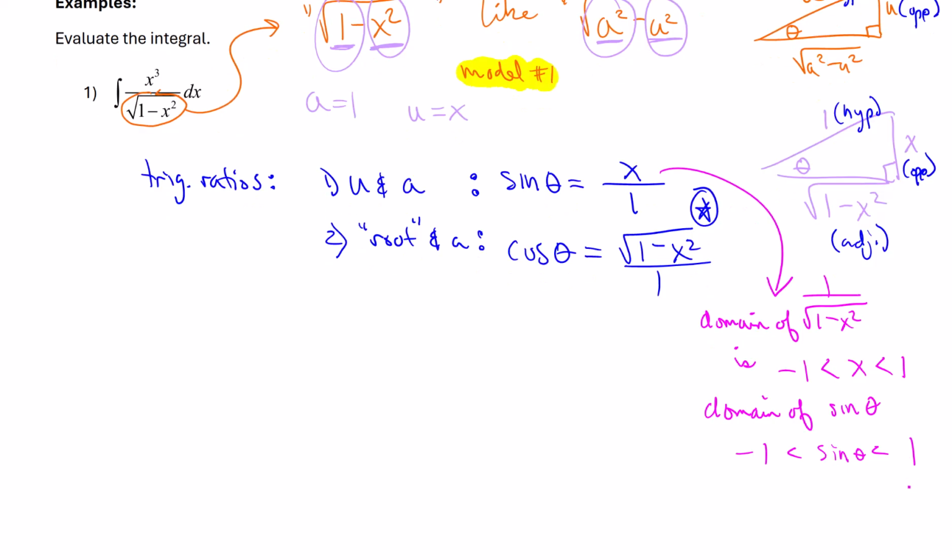What does that mean for theta is the question, right? Well, think of our unit circle. Where is sine -1? At the bottom of it. Where is sine +1? At the top of it. If sine has to be between those, we're talking about quadrants 1 or 4, but specifically if it's a strict inequality, we can't actually get there.